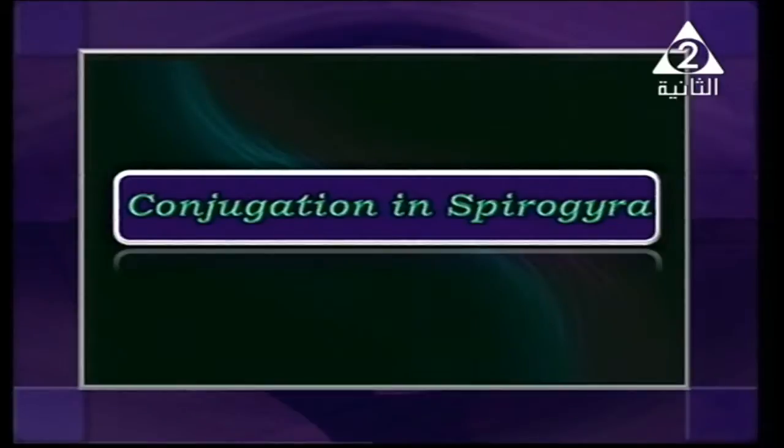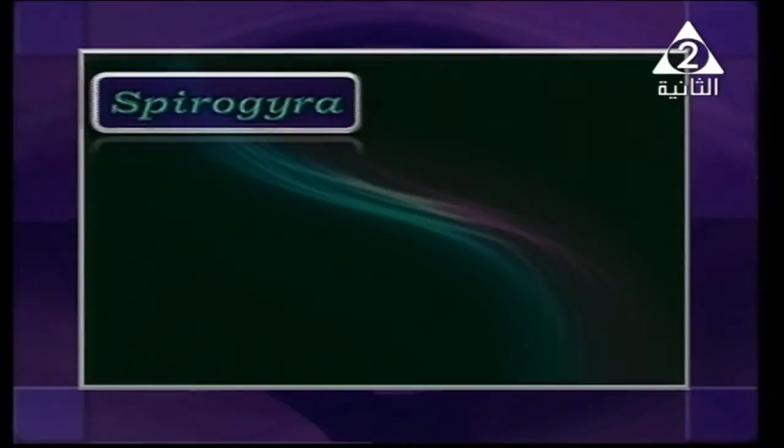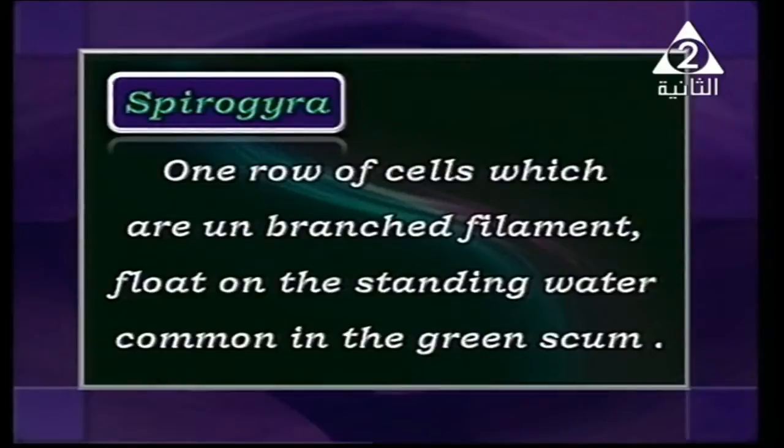We have an example here for one of the most common algae, which is called Spirogyra. So our example is conjugation in Spirogyra. We have two types of conjugation. At first, Spirogyra is just one row of cells, something like a ladder of cells, which are unbranched filaments.